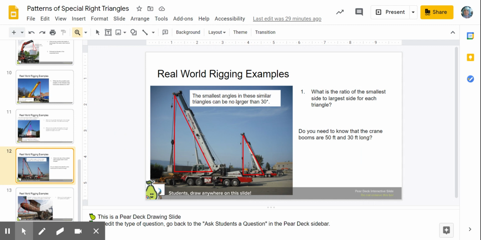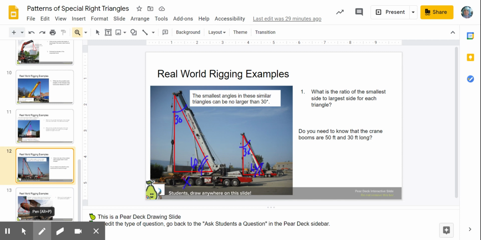Says the smallest angles in these similar triangles can be no larger than 30, right? So I've got a 30-degree here and a 30-degree here, which means this one is 60 and this one is 60. What is the ratio of the smallest side to the largest side for each triangle?